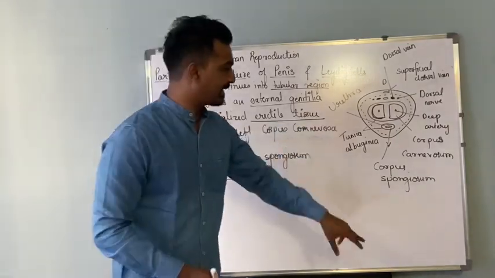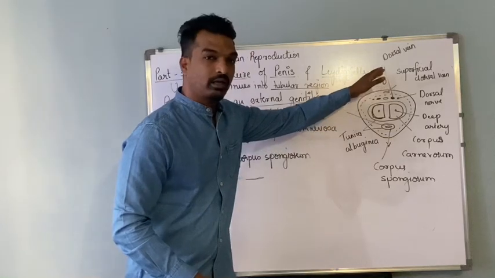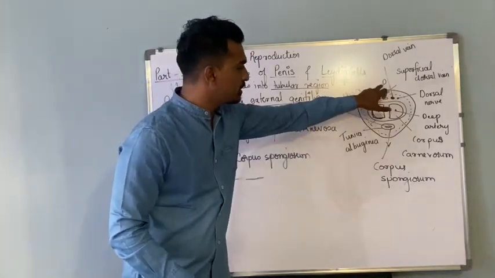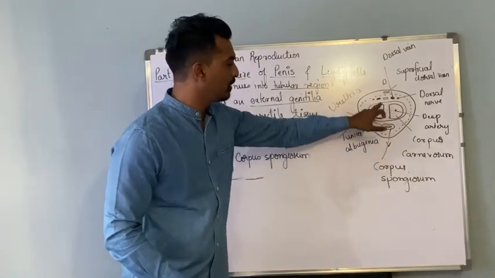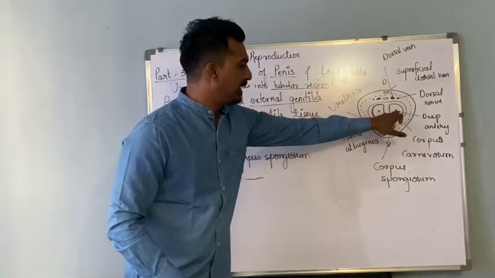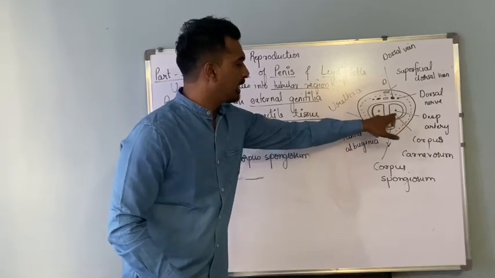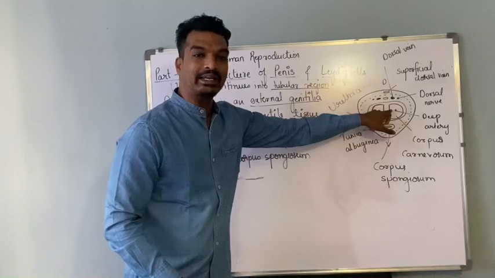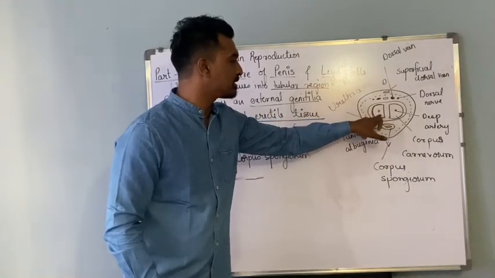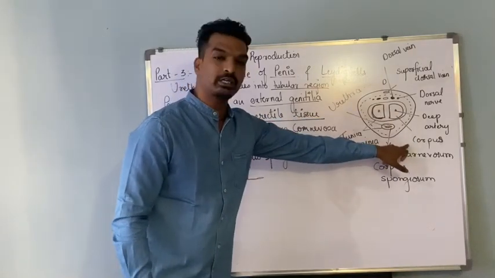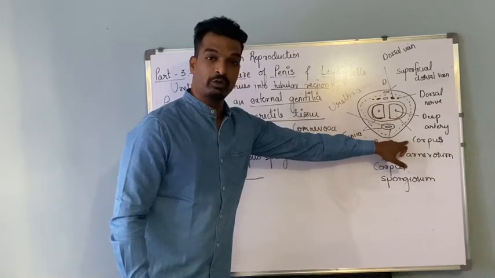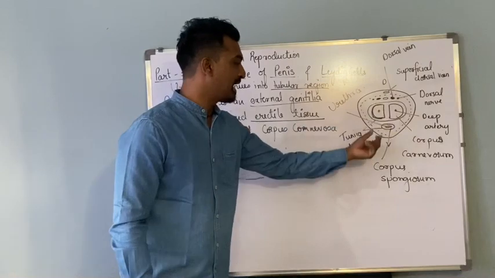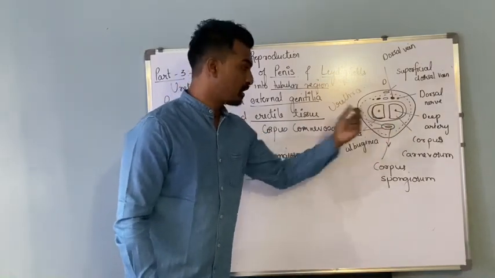You can see in the diagram the transverse section of the penis, with the dorsal and ventral regions. These are the 2 cylindrical erectile masses, the corpus cavernosa, left and right, and a median corpus spongiosum.